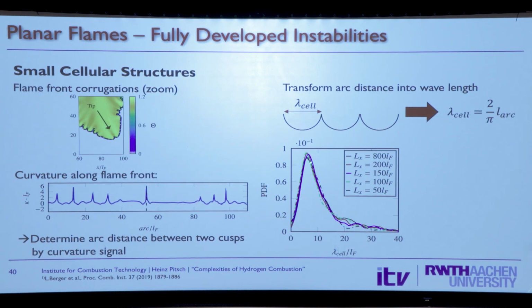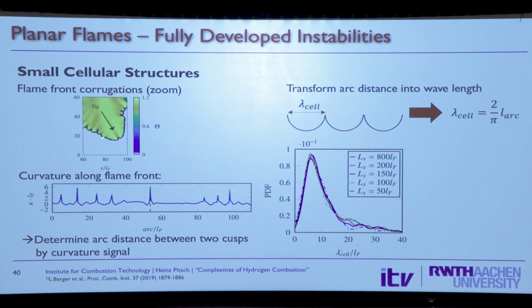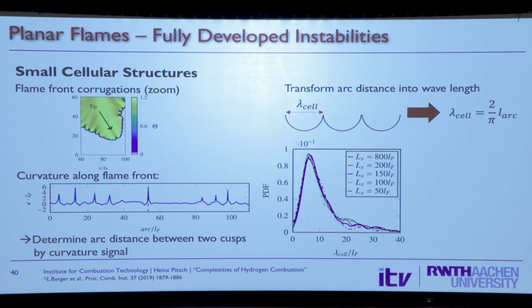What's interesting is that the highest value in the PDF, the most probable size, is 6 times the flame thickness, and that was the size of the maximum linear growth rate. So these start growing at that size because they have the largest growth rate, and then they combine later on to form these larger scale structures.